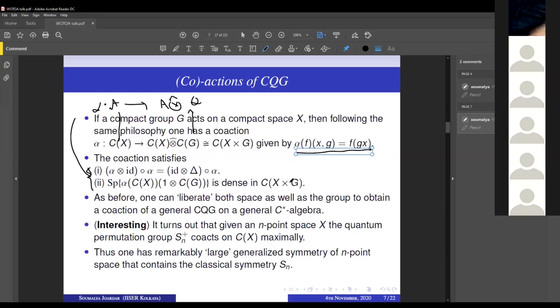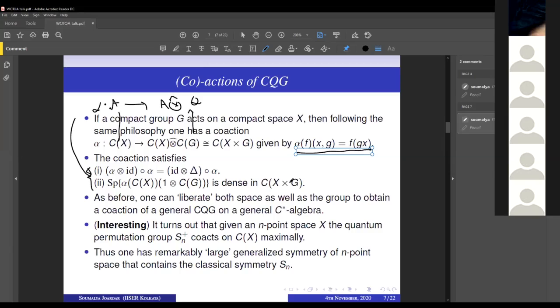Okay, now as you can probably guess, Sn plus is a generalization of Sn. The next question is, can Sn plus really coact on finitely many points? And it turns out that indeed for an n point space X, if you take your C*-algebra to be C(X), then Sn plus, which was fairly large, larger than classical Sn at least, coacts on the C*-algebra C(X) maximally.